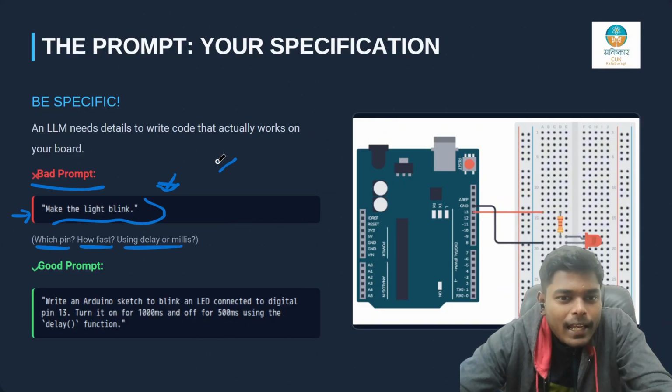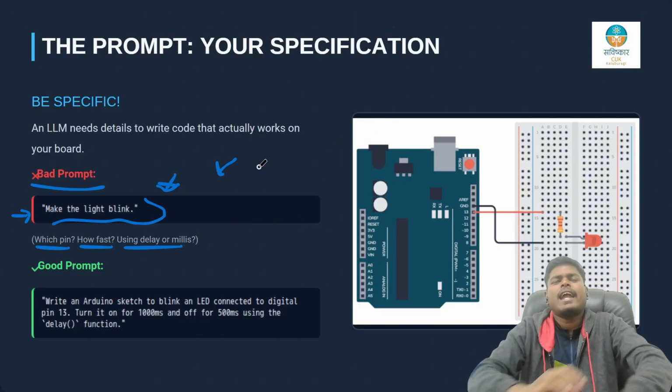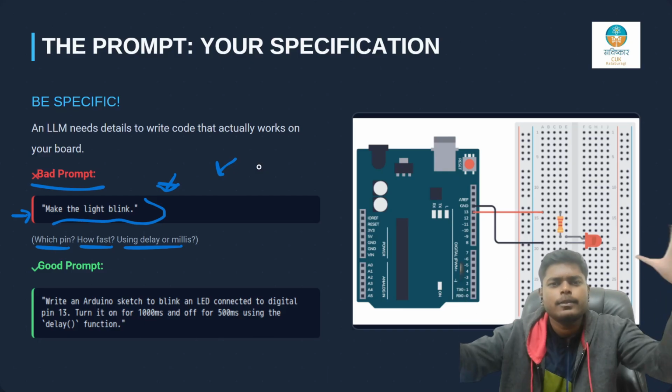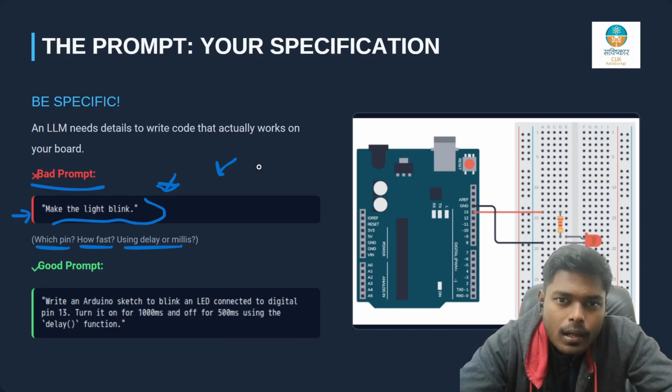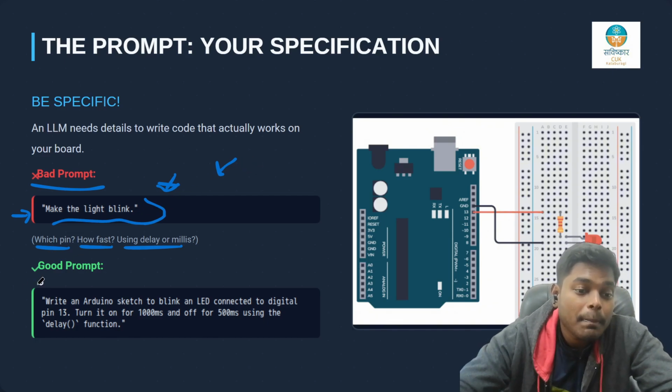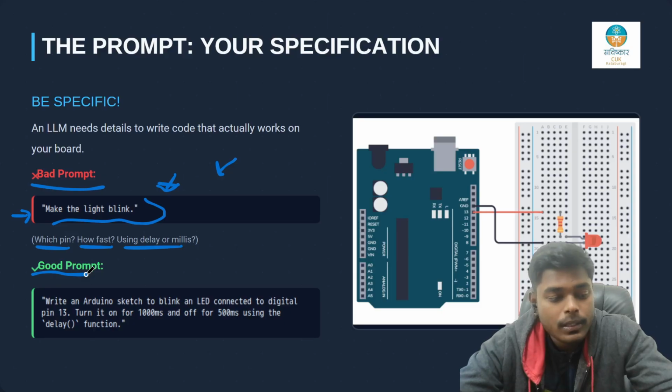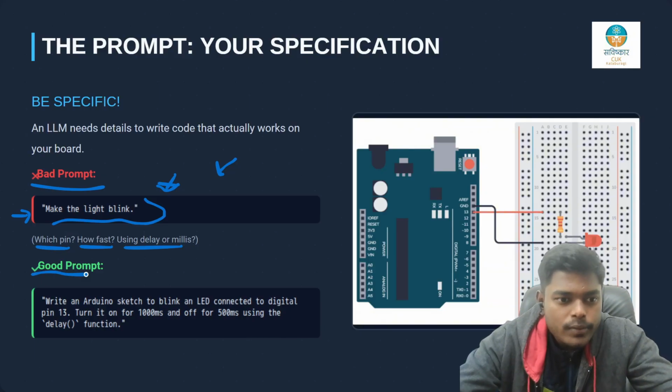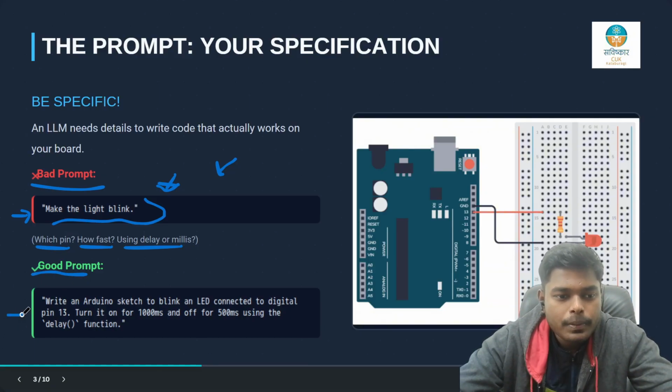You haven't specified anything, so it can generate anything as per the model's choice. But you have to be application specific. You want your project to be done the way you want, not the way AI wants. For that reason, you have to write a good prompt.